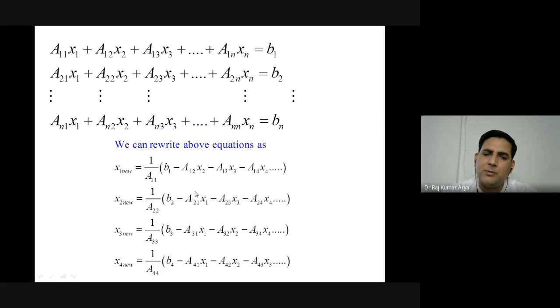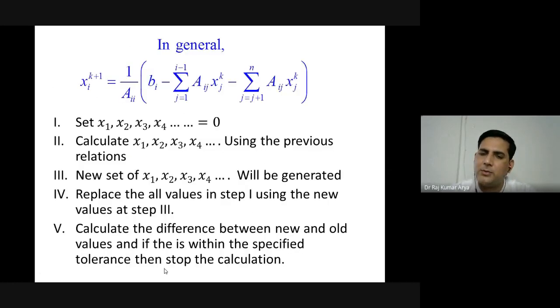Same way for the second variable, substitute all the values you considered 0. Practically you get b2 by a22, b3 by a33, b4 by a44, like that. This is your first set of calculations, so you got a new set of x1, x2, x3, x4.